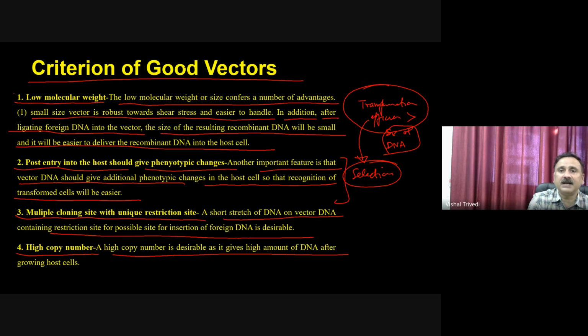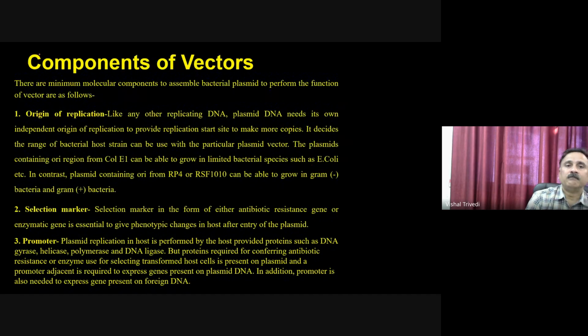Now, if these are the criteria, you are supposed to have multiple components which you are going to put into a vector, and only then can it be used for mammalian cloning. So what are the components required for a vector?